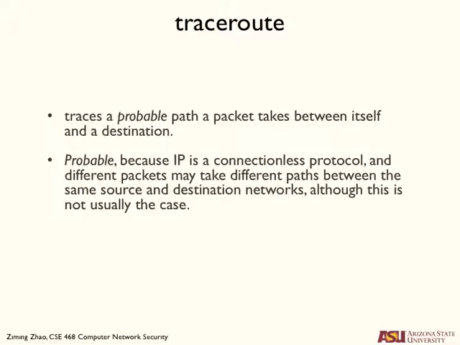So even if you are sending a file to your friend using, let's say, UDP, which is just a simple wrapper of IP, the file will first be split into many IP packets, and those packets may go through different routers and different paths and eventually reach the destination. So using traceroute, we are just getting one possible path between the sender and the receiver.